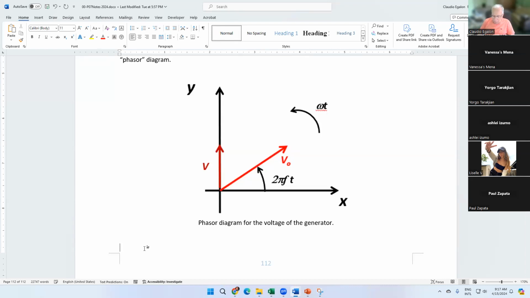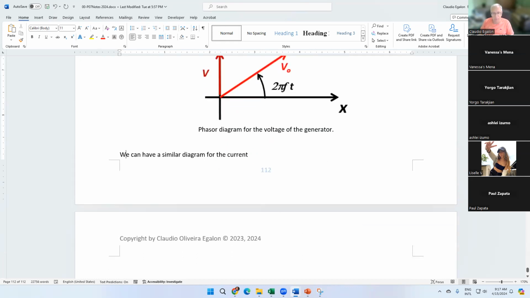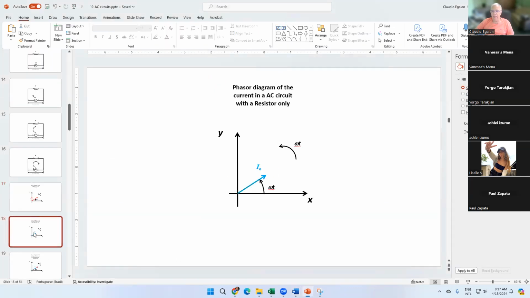Similarly, we can have a similar phasor diagram for the current. That's what we have as well.